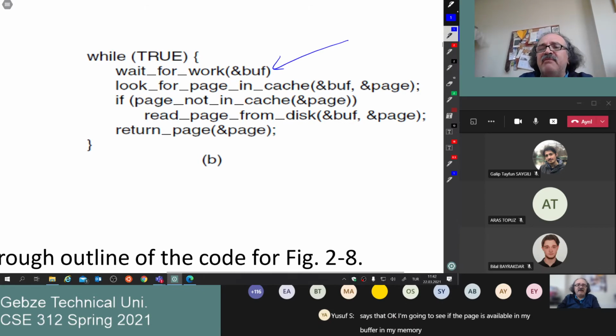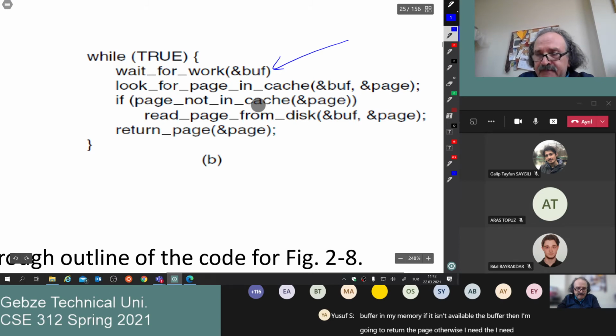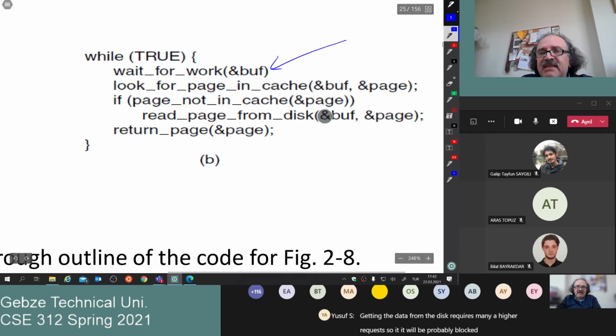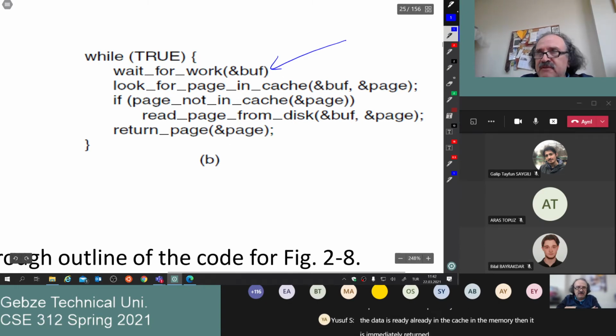If it is available in the buffer, then I am going to return the page. Otherwise, I need to get that data from the disk. Getting the data from the disk requires many IO requests, so it will probably be blocked in this state. But if the data is already in the cache in memory, then it immediately returns the page.